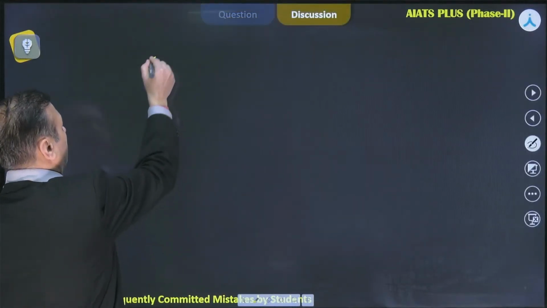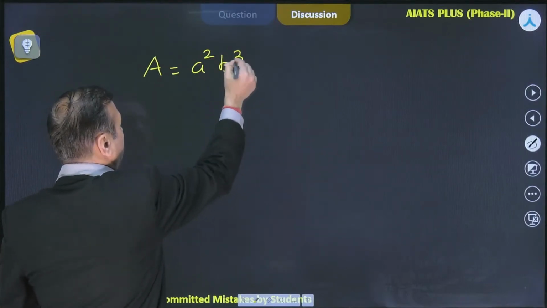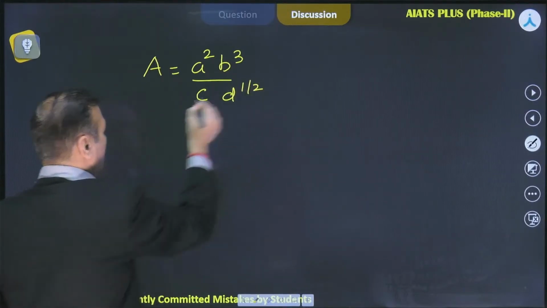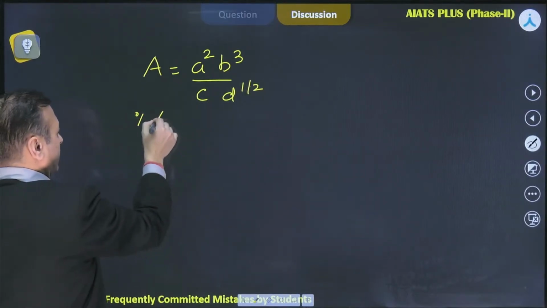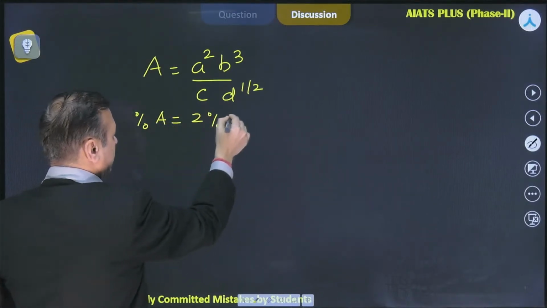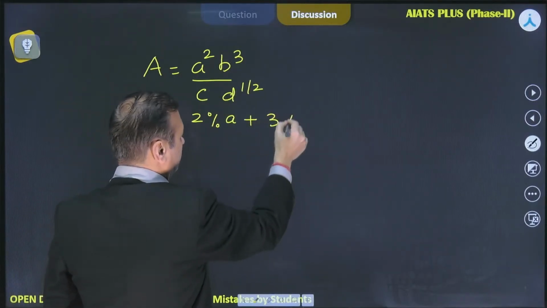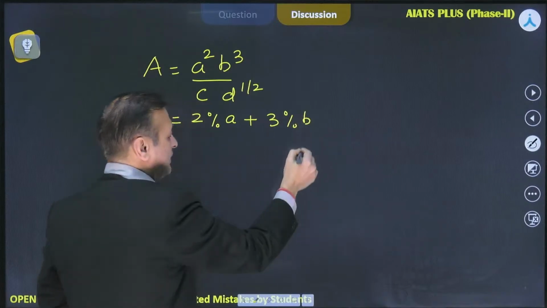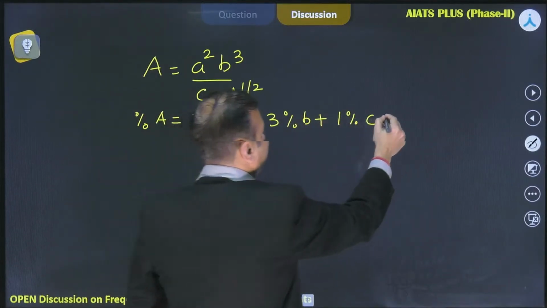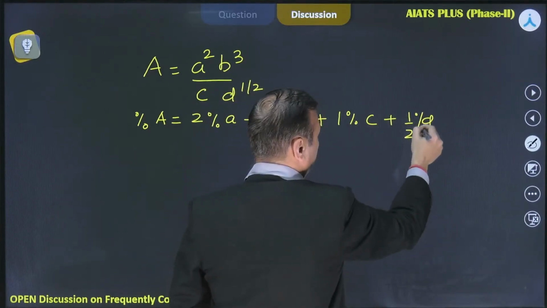Your physical quantity was a square b cube c times d power 1 by 2, and we have just noted it down. Percentage error in capital A is 2 times the percentage error in small a, and 3 times the percentage error in b, plus 1 time the percentage error in c, plus half time the percentage error in d.